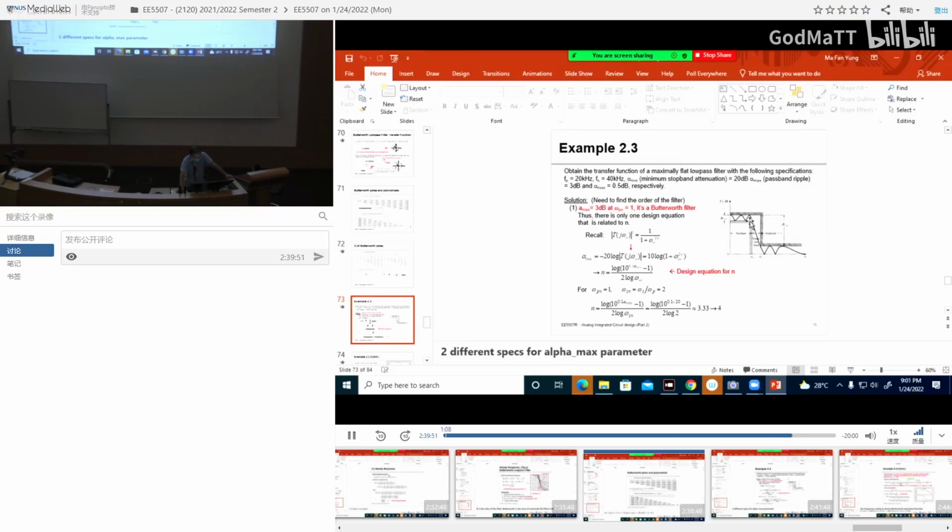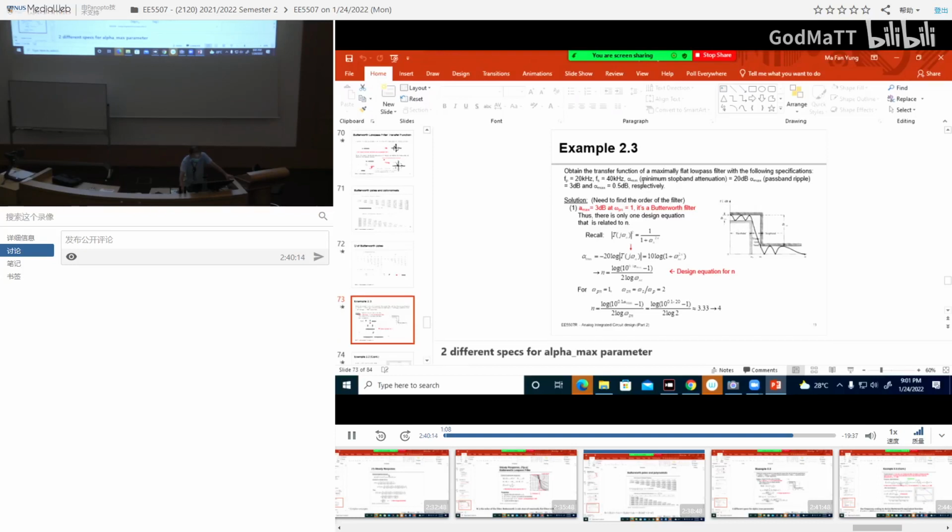Here's FP, and that means FP is like the passband edge. And then I want to have the stop band starting at the stop band edge at Fs. Passband edge, stop band edge. And I only allow minus 20 dB maximum deviation, or ripple, at the passband.